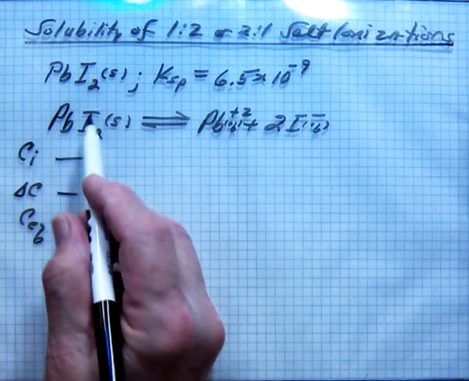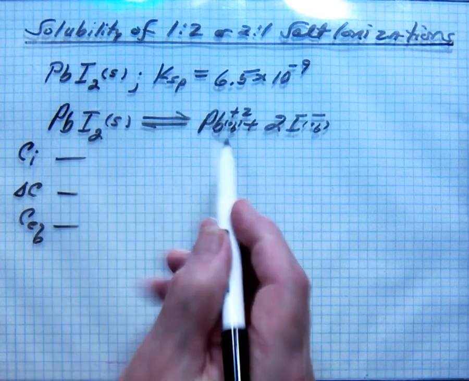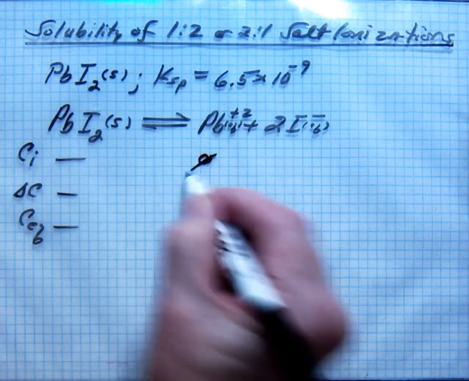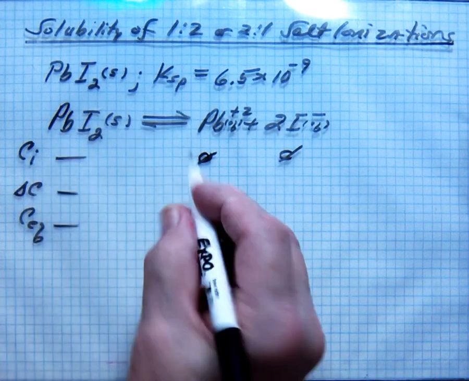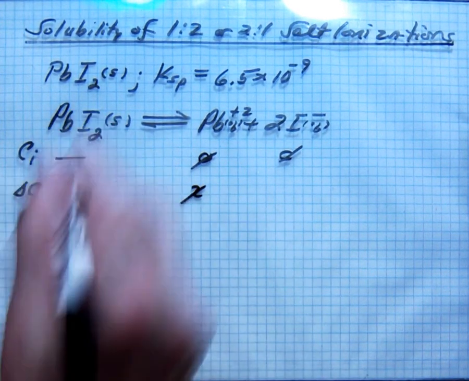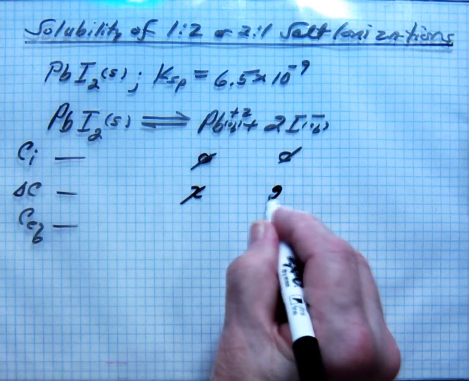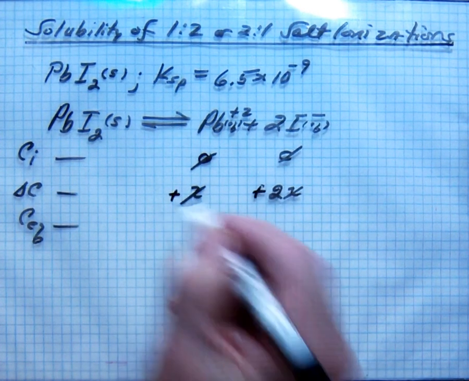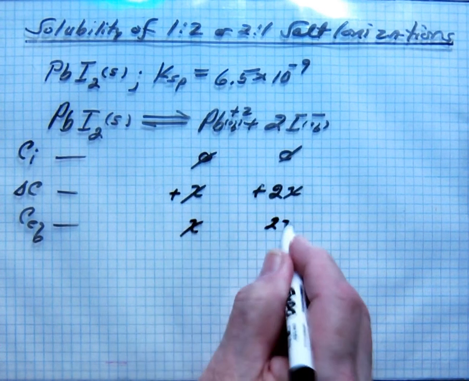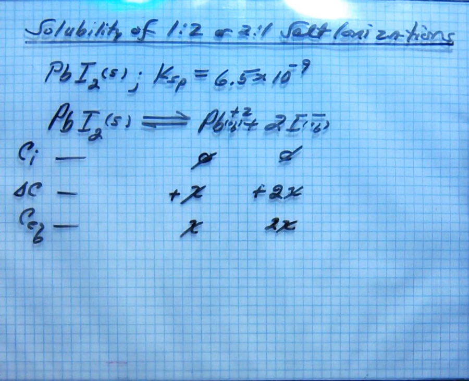However, you must note that when you deliver something on the product in ionization, it's going to deliver 1 part in metal, in this case lead, but 2x in the amount of iodides. That's a concentration number. And you bring it down to the equilibrium rows.